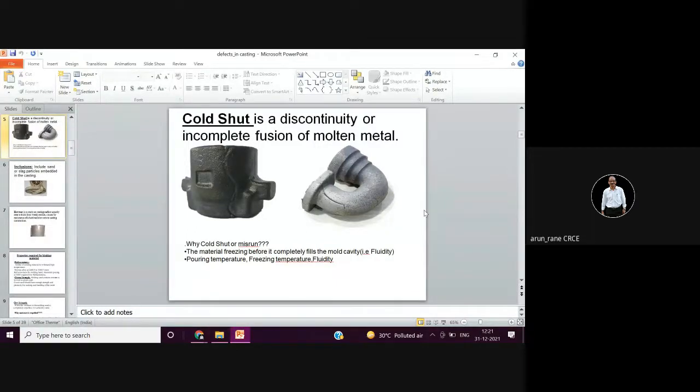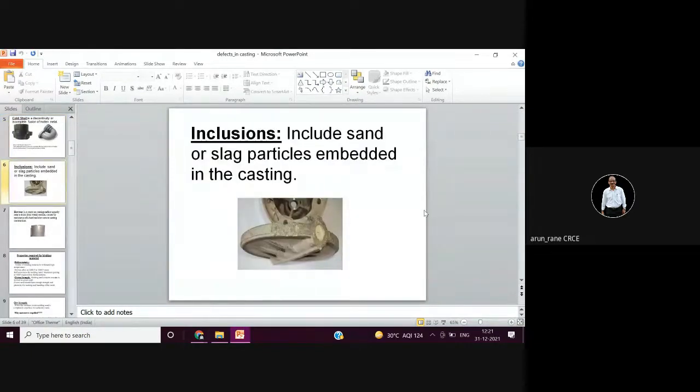Incomplete fusion. That is the main reason. It is also called a misrun. Inclusions. Foreign particles. Inclusions are nothing but foreign particles. So they include sand or slag particles embedded in the casting.